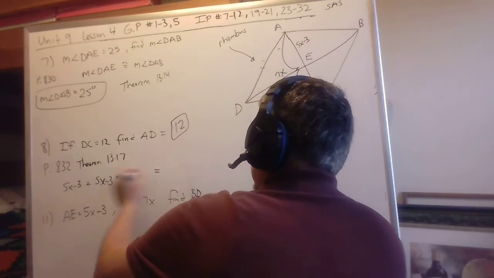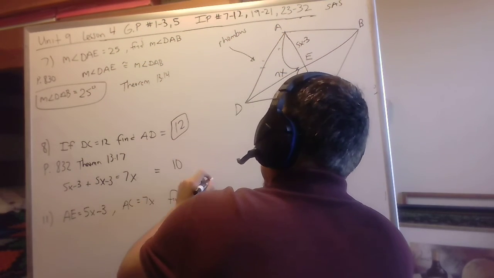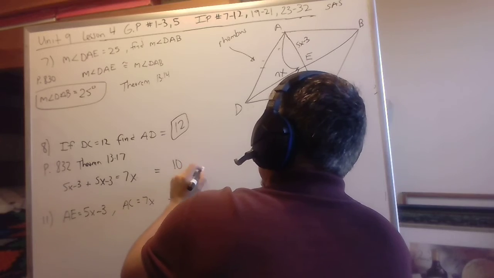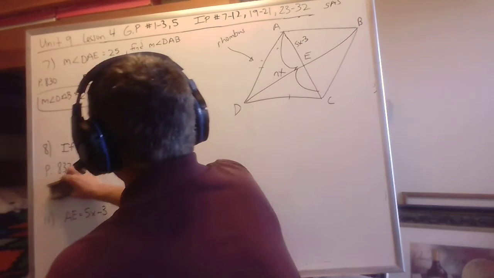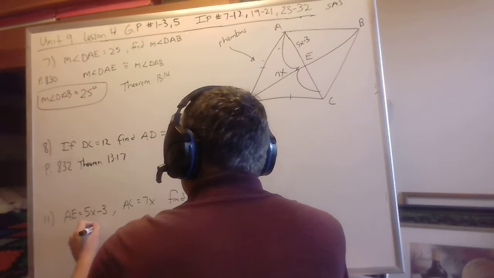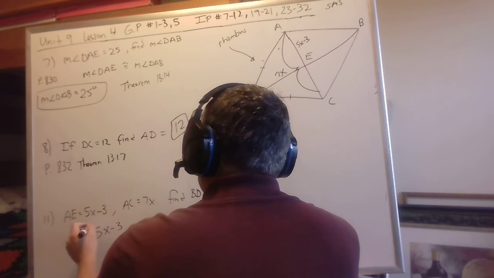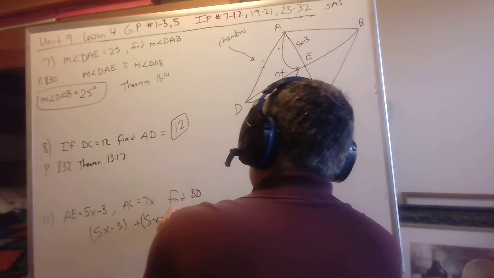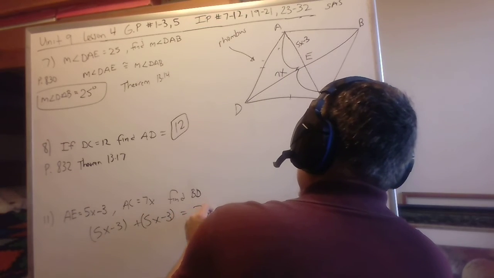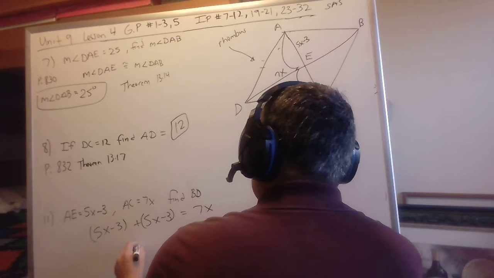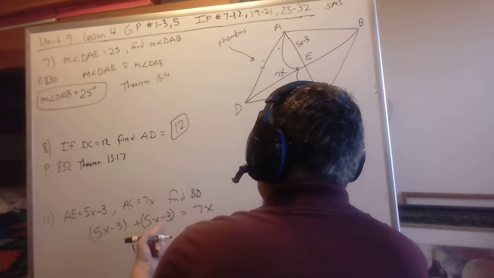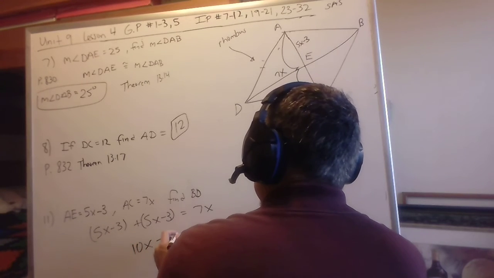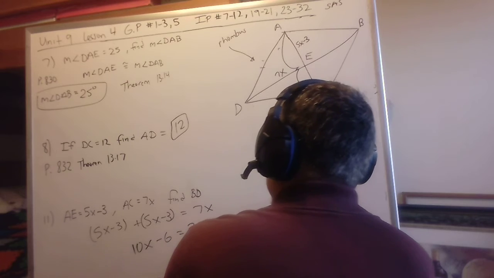Let's combine like terms. 5x plus 5x is 10x. And I'm writing it on the wrong one. Okay. So we have 5x minus 3 plus 5x minus 3 equals 7x. Combining like terms, we get 10x, and then minus 3 minus 3 is minus 6, equals 7x.